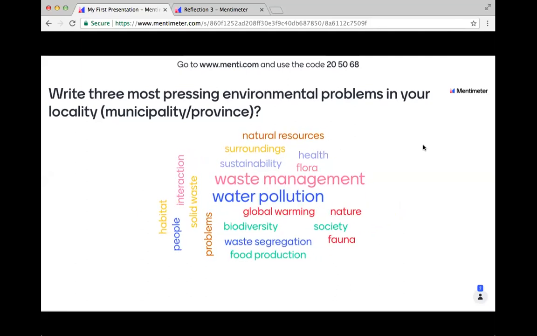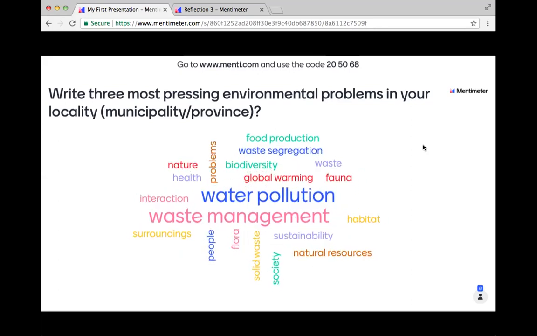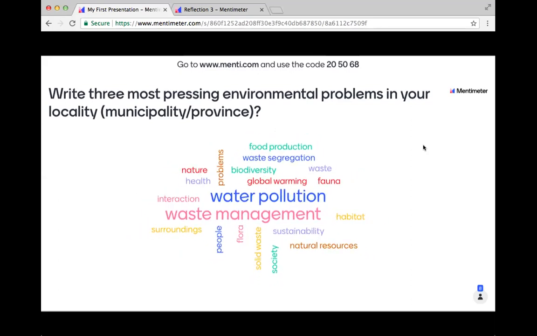So merong waste management, water pollution, there's sustainability, health, flora, surroundings, global warming, waste segregation. I think sumabay yata yung ibang responses dito kanina sa tanong. But yung malaki dito, it's water pollution and waste management.